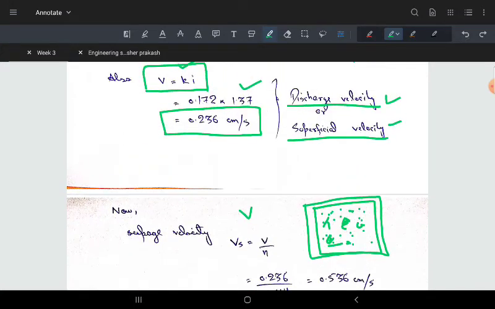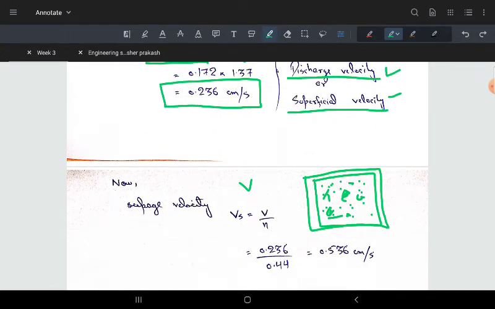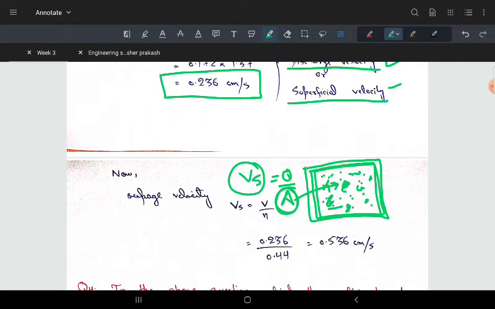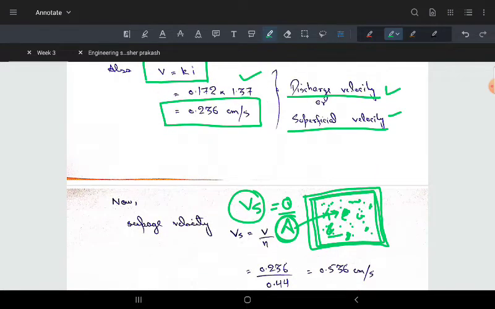Another quantity is the seepage velocity, defined as Vs, which is equal to Q by A, but here A is the area of the voids. Suppose this is the cross section. The area of the air voids will obviously be less, and when the area is less, the velocity will be more. That's why seepage velocity is always greater than the discharge velocity.